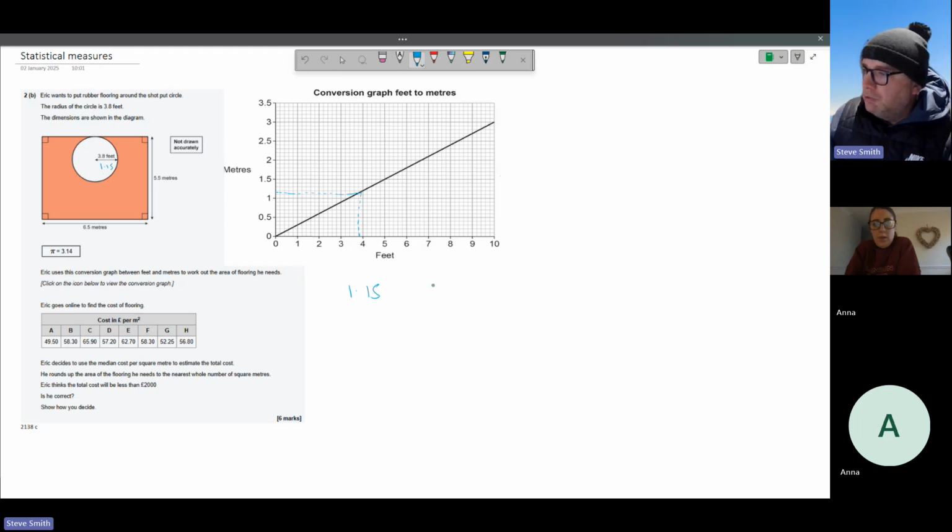So to work out the area of a circle, there's two formulas for circles. There's the area and there's the circumference. So the crust on the pizza is the circumference, and we need diameter times by pi. And then for area, we need the radius squared times by pi.